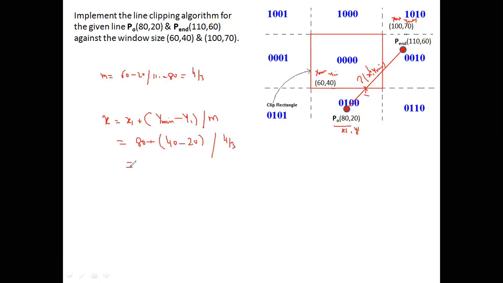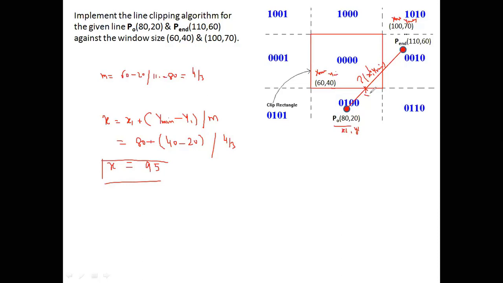So after calculating, you will get 95. Okay, so this will be the value of x. So what will be the value of this intersection point?